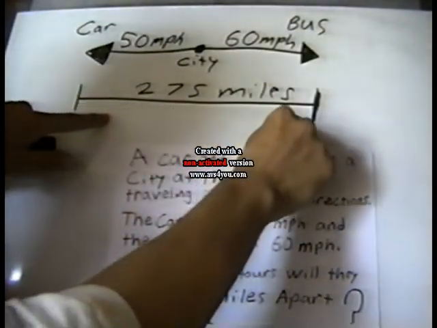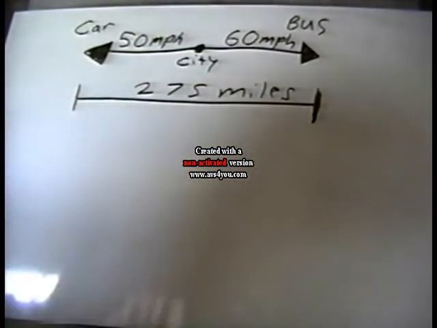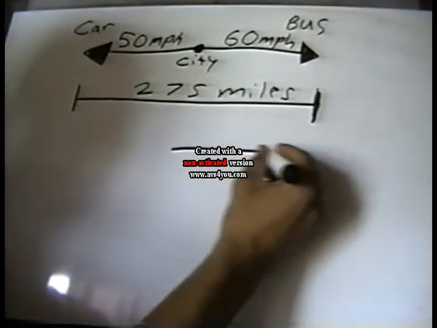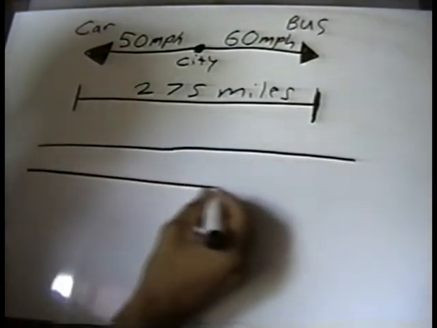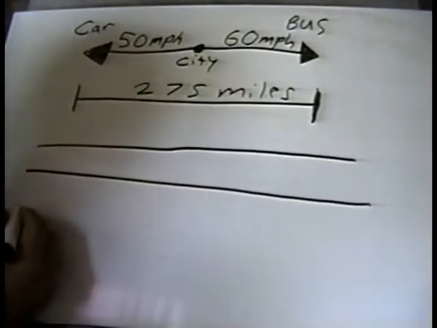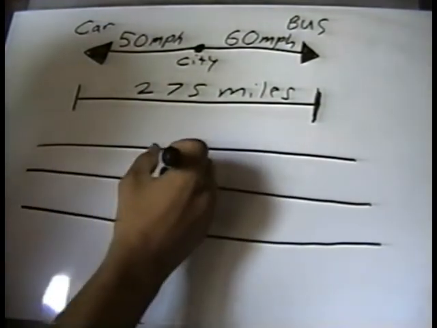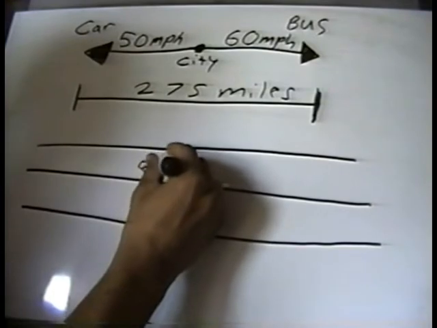How many hours will they be 275 miles apart? Okay, now this is a problem that's equivalent to, now you have to look at what's making the distance. What's making the distance is both of these cars traveling.